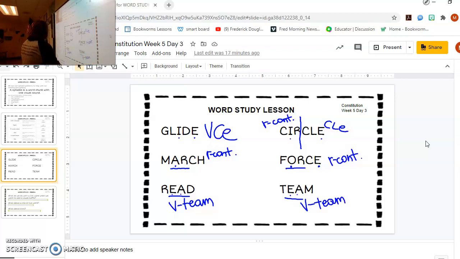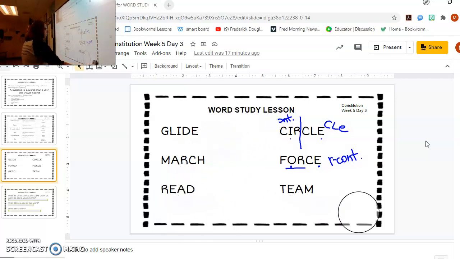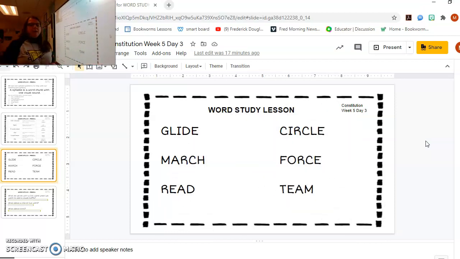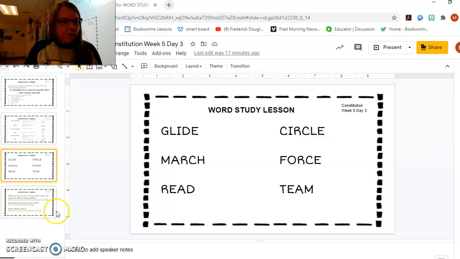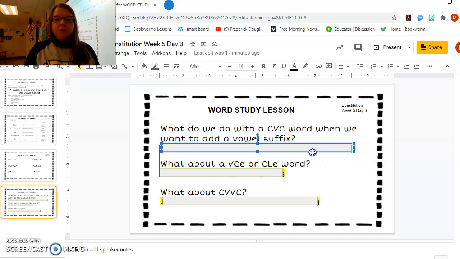All right. Very nice. So now you guys know how to divide the words. You know the syllable types. So before we finish, let's go over the rules. What do we do with a CVC word when we want to add a vowel suffix?